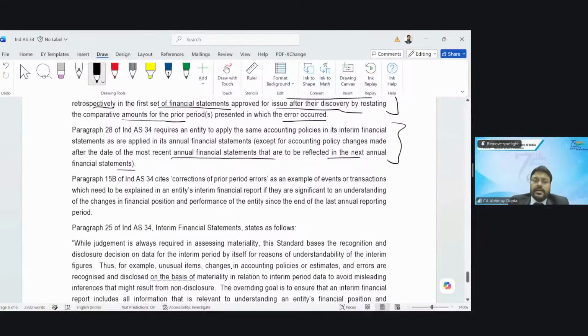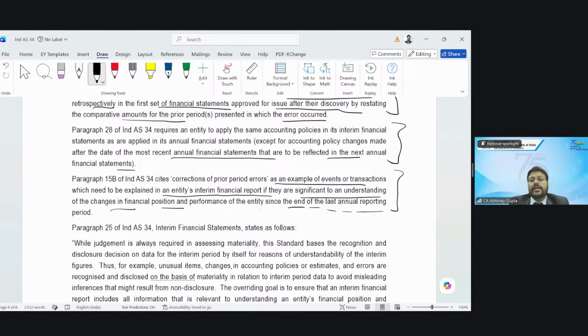Paragraph 15B of Ind AS 34 cites correction of prior period errors as an example of the events or transactions which need to be explained in the entity's interim financial report if they are significant to the understanding of the changes in the financial position and performance of the entity since the end of the previous reporting period, the last annual reporting period, right?